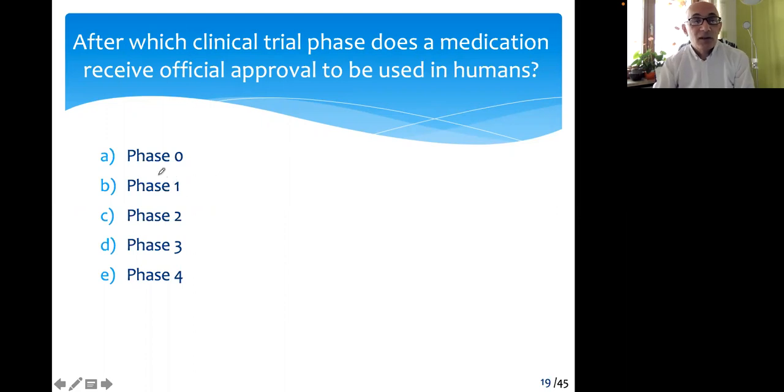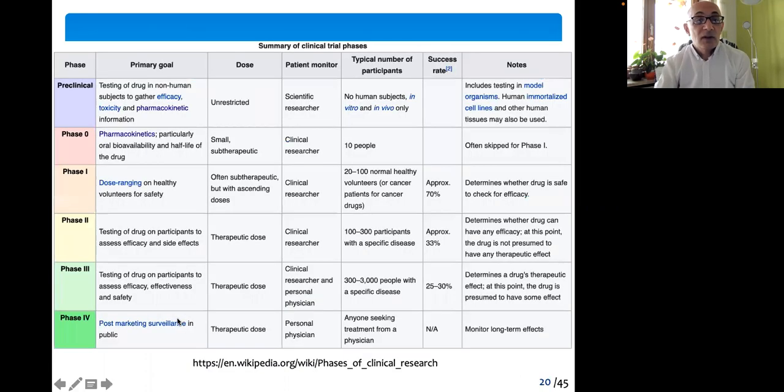You see that from the options that we have, there are phase 0, 1, 2, 3, and 4 studies, 5 different phases of studies. These are the clinical trials, of course.